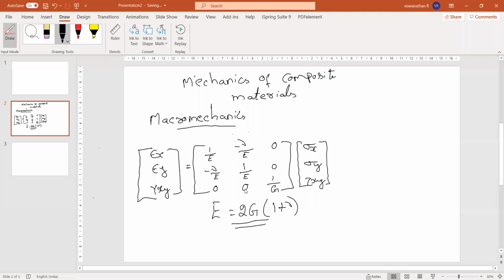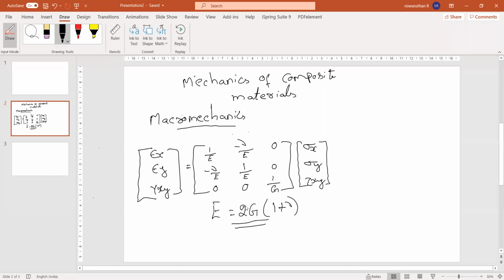Okay. So how many independent constants are there in this matrix? What is the answer? 1. You need 2 to find the other, no? Yeah. You need 2 things. Either you should know E and G, or E and nu, or G and nu.